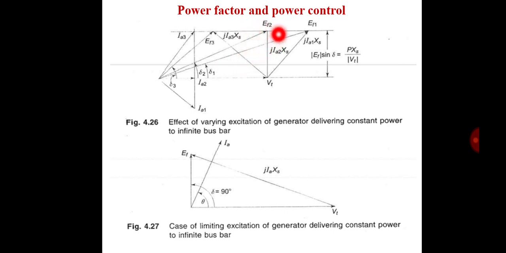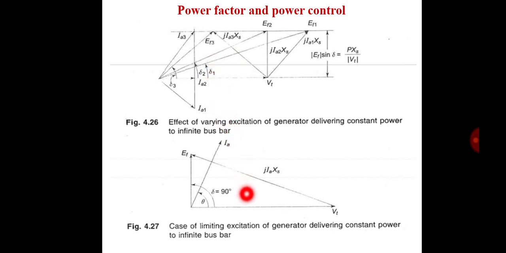That means the effect of varying excitation of a generator delivering constant power: the power is constant but the power factor angle is changed.